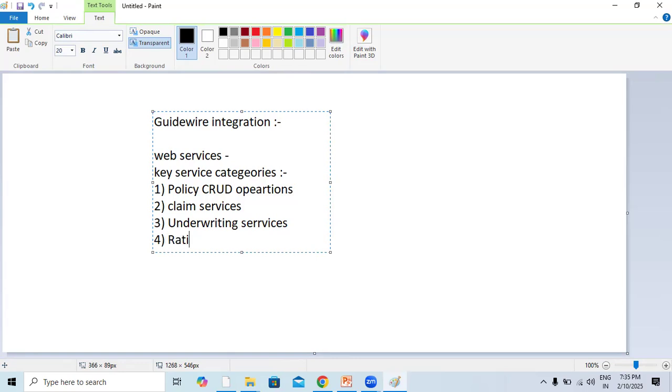The fourth one is called rating and pricing. The next one is called customer data services. Okay, these are the major key service categories which we normally use in web services.